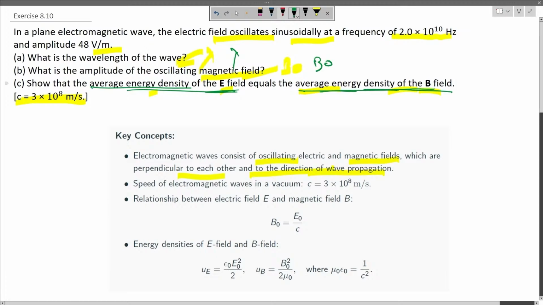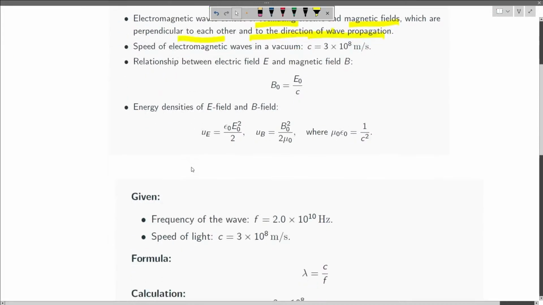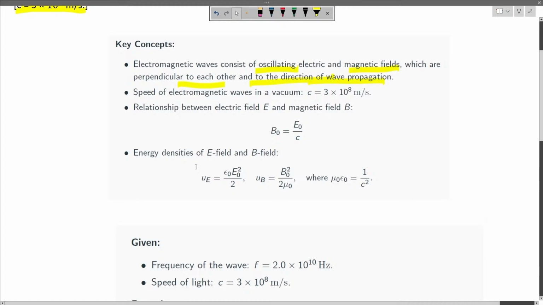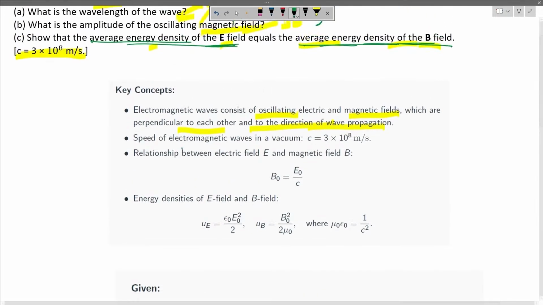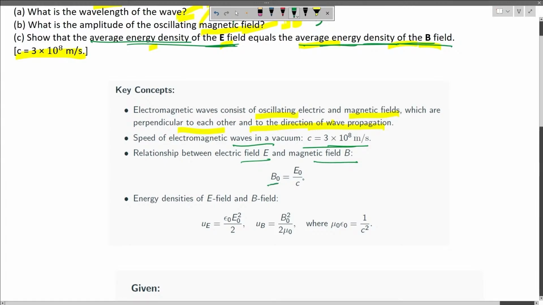So the formula for calculating wavelength is the speed of the wave divided by frequency, but before that we should clear some of the facts. The speed of electromagnetic wave in vacuum is 3 into 10 to the power 8 meter per second, and the relationship between electric field and magnetic field is given by B naught, the magnetic field, equals the electric field divided by the speed of the electromagnetic wave.